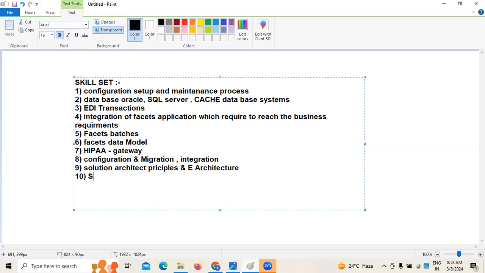Next, we need to have knowledge of SOAP, because SOAP is nothing but Simple Object Access Protocol, right? This is something which comes under the web services part. Web services means, for example, we are developing some healthcare application, a desktop application, a tablet and mobile application. Let's say three different applications.